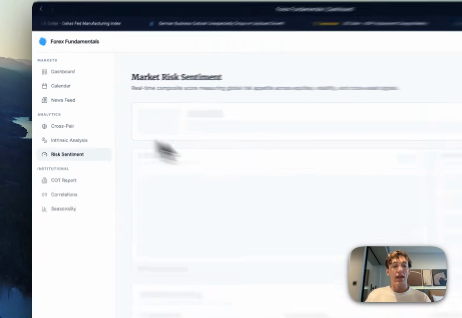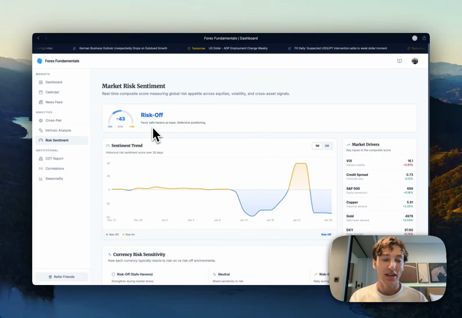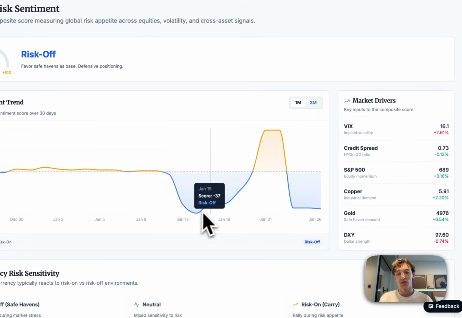And now we have the new and improved market risk sentiment indicator. As you can see, we have had a huge swing. So in the beginning of the month, we saw a lot of consolidation. There was also not a lot of volume in the market. We had a big swing to risk off, then a huge swing to risk on.